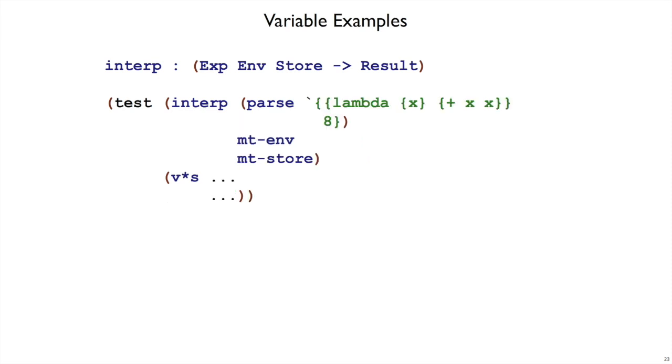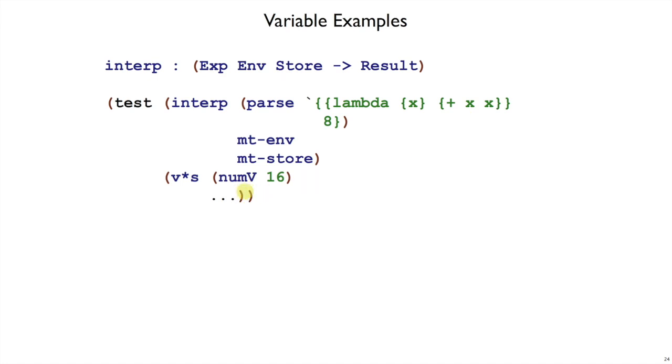Let's look at one more. Here we have a function call on an immediate function. Right, so this is left lambda. It means call this function lambda x, add x to itself, and we give it the argument 8. And we can start out with an empty environment and store as we normally do, because this is a program that will run all by itself. If we do that, clearly we're expecting to get 16 as the answer here, because 8 plus 8 is 16.